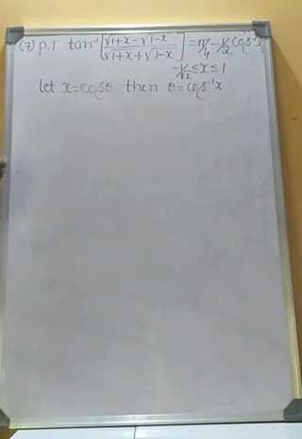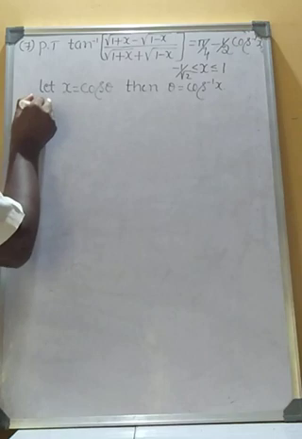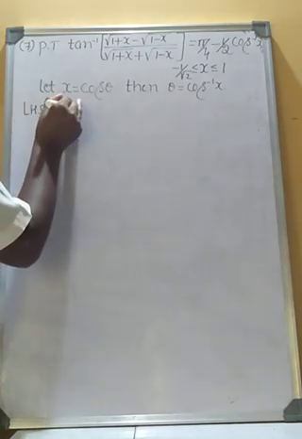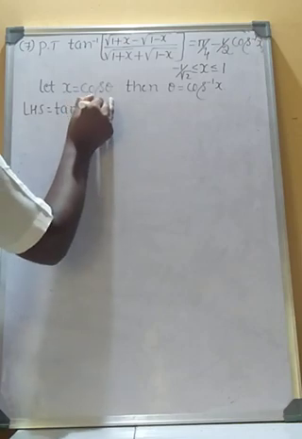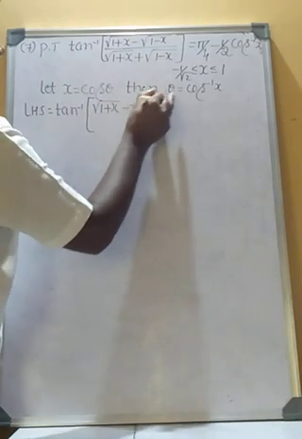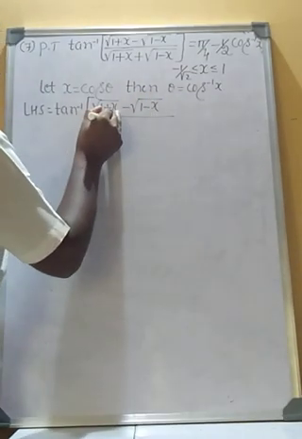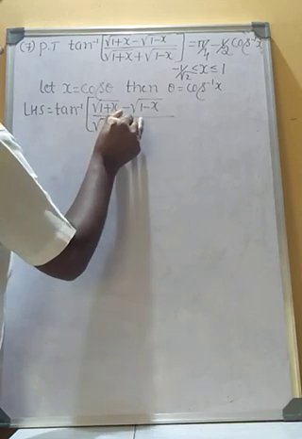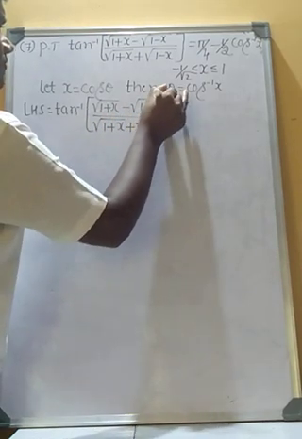So therefore, here left hand side is tan inverse of (root of 1 plus x minus root of 1 minus x) dividing by (root of 1 plus x plus root of 1 minus x).